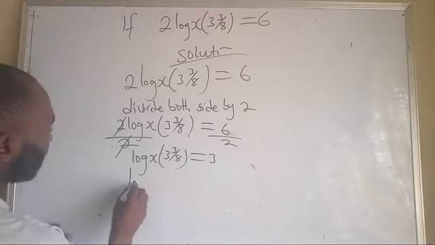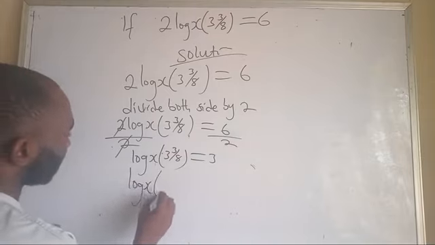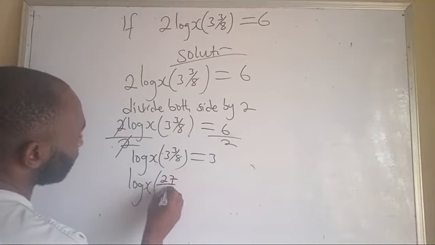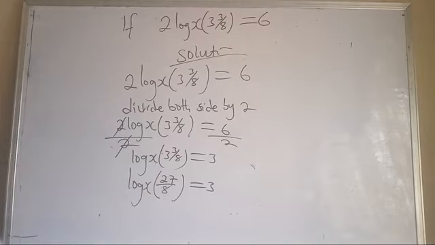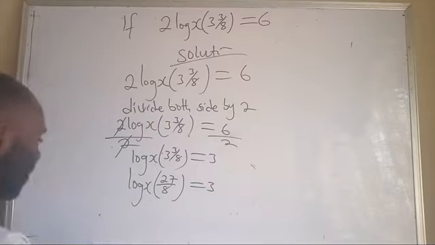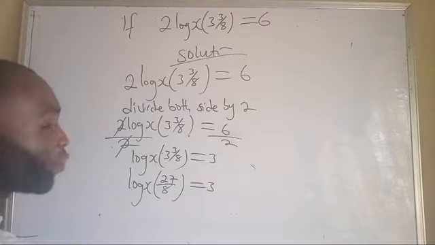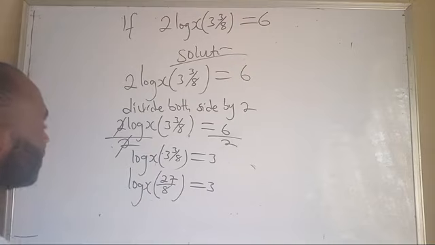So log of x (27/8) is equal to 3. Now, as I explained before, log is the inverse, the way of writing indices.